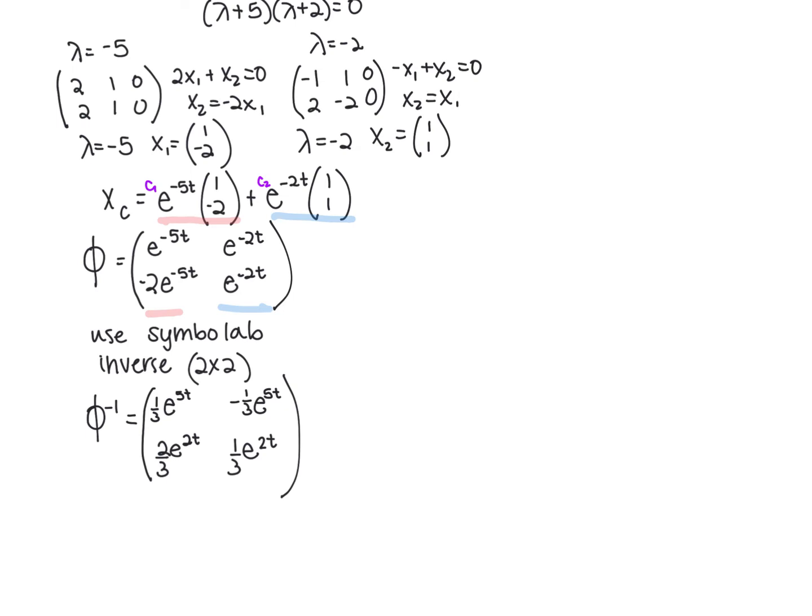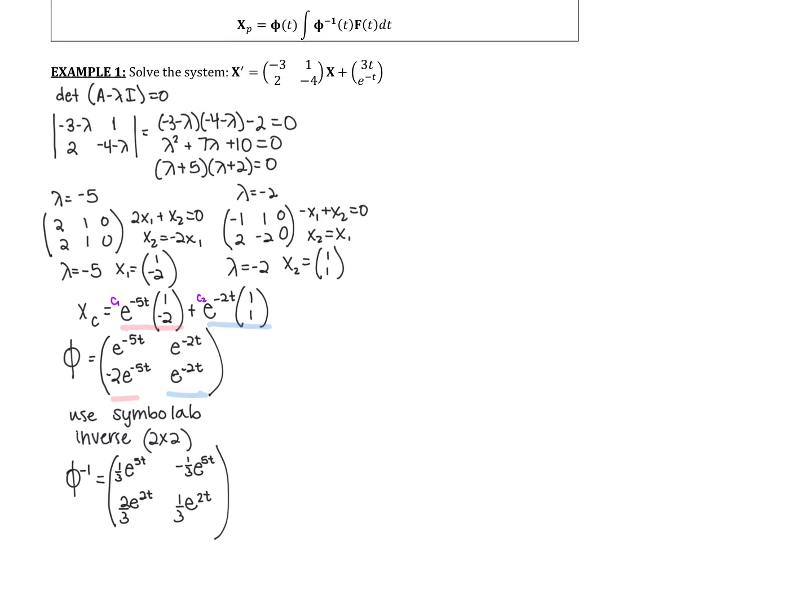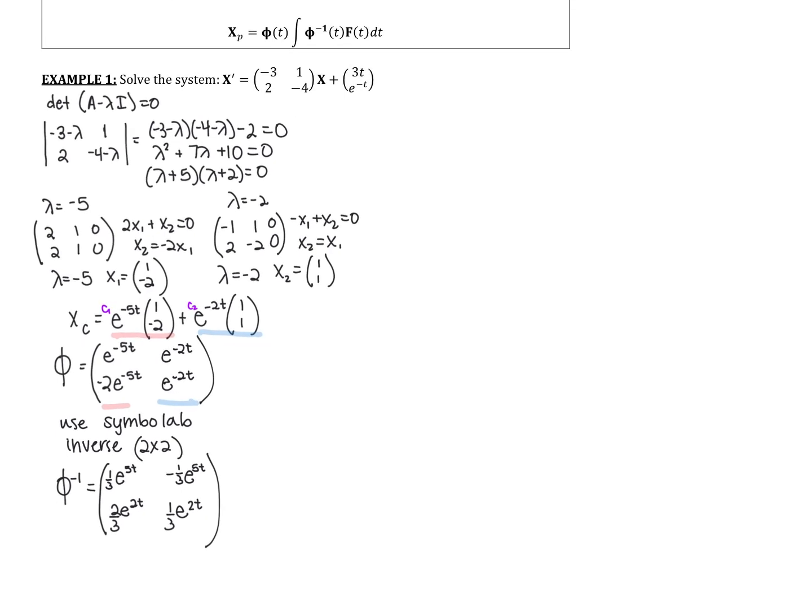So now we need to go find my particular solution. And here's what the particular solution looks like. When we go to find the particular solution, I'm going to take that first fundamental matrix: e^(-5t), e^(-2t), -2e^(-5t), and e^(-2t).